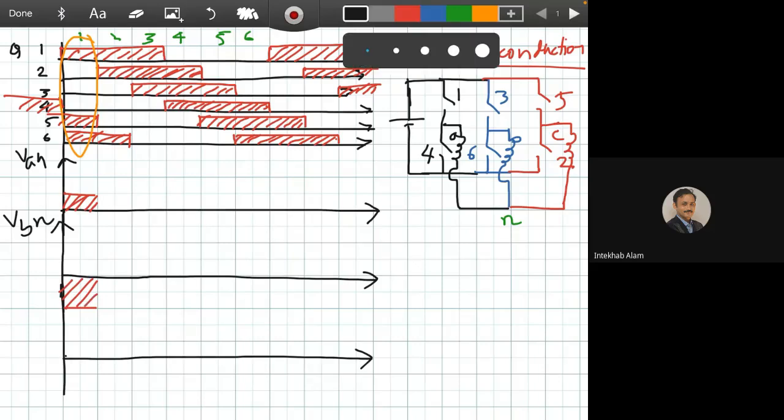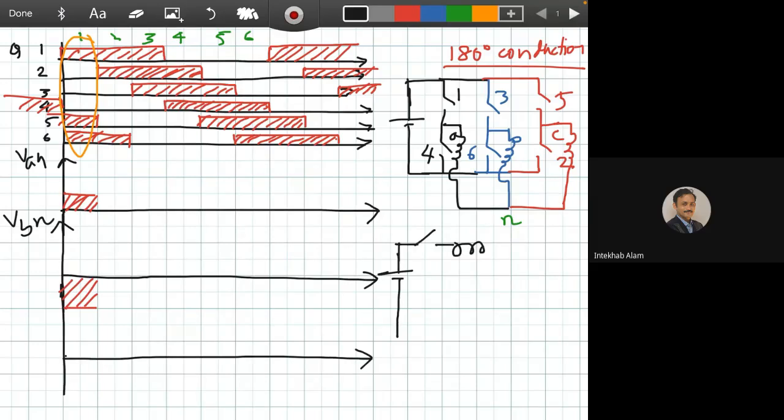If we just draw the circuit, 1, 2 and 6.